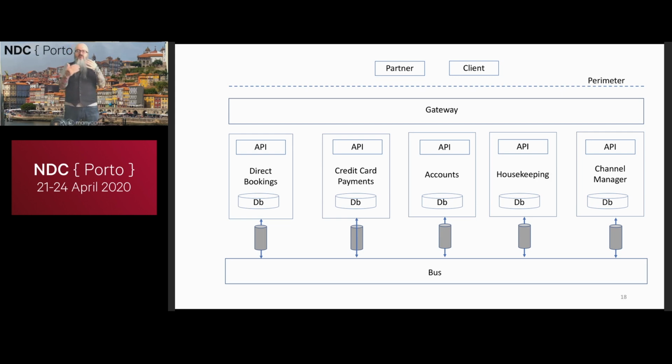That's how we've chosen to do most of our interop, because that gives us nice benefits like we're decoupled in terms of time and behavior from other parts of the system. And above them, I've got some kind of gateway layer. We'll come into more detail on what that is later, but that's some kind of layer which says I need to access potentially one or more microservices at a time. And I've got potentially partners and clients who want to talk to my microservices.